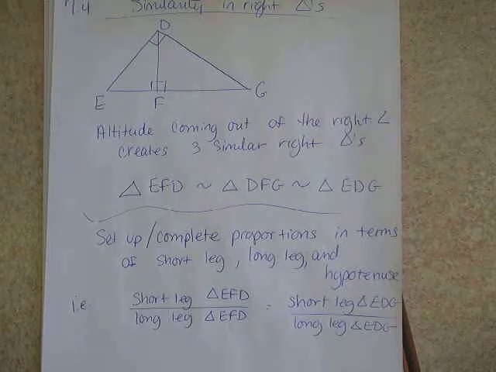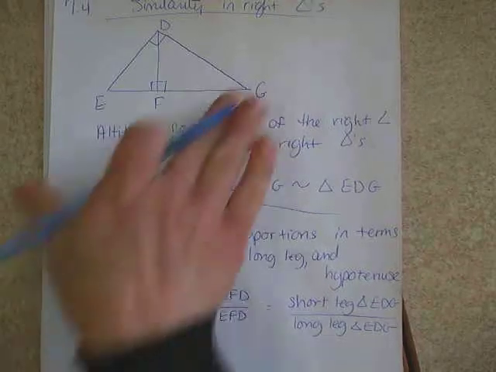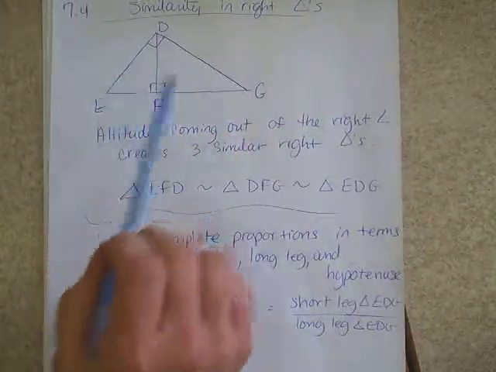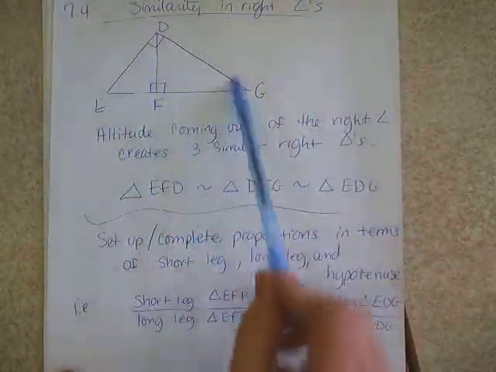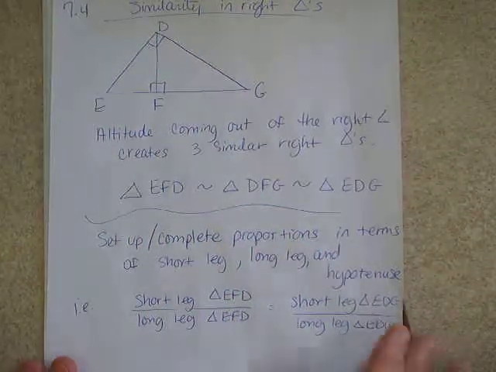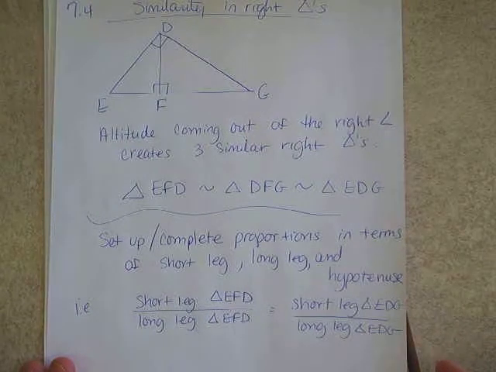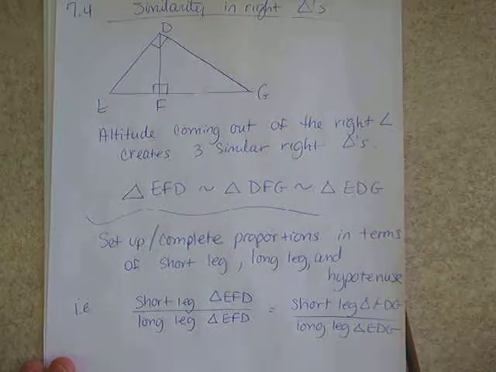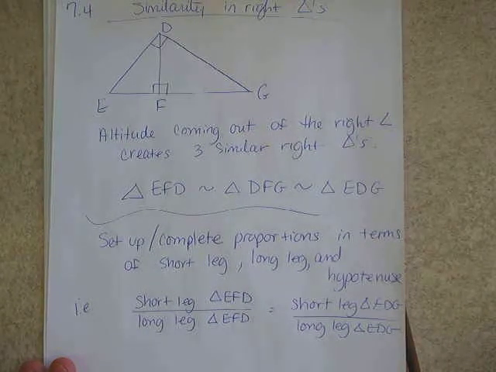Part of your work on this is just going to be completing proportions that they've started to set up for you. But the other part is going to be in a diagram like this. With enough information, we should be able to find different lengths in that type of diagram.